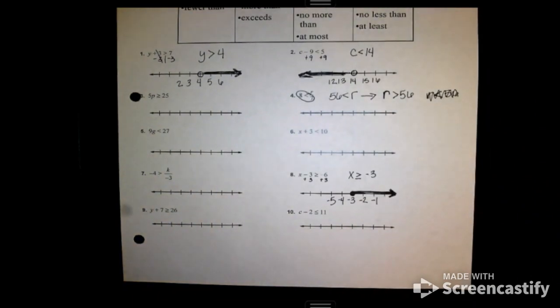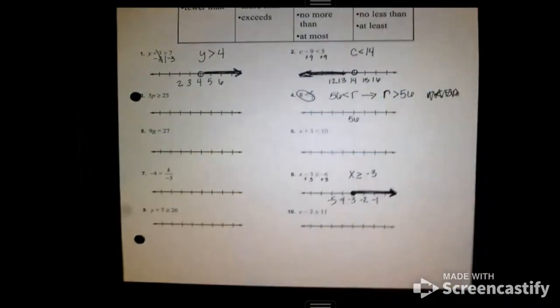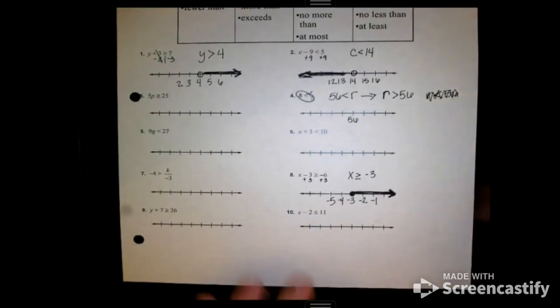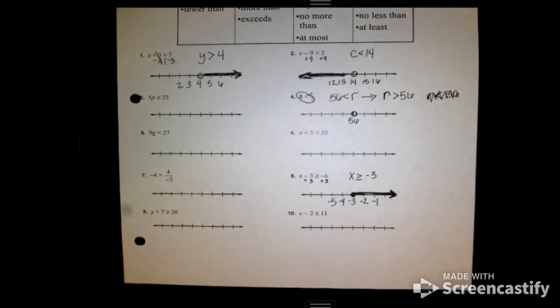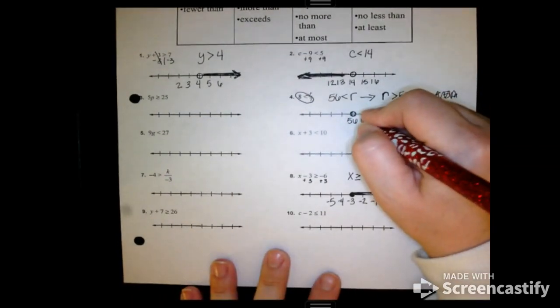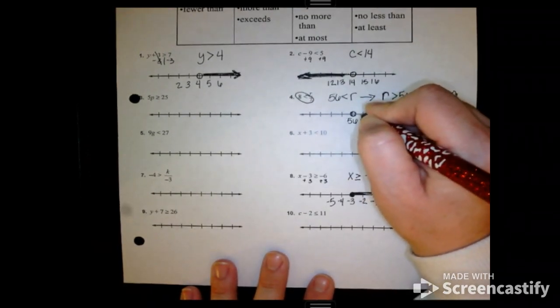Okay. Put your 56 in the middle. So I have 56. What kind of circle? Open. There's no equal line underneath it. So it's a positive, so we would graph it regularly.